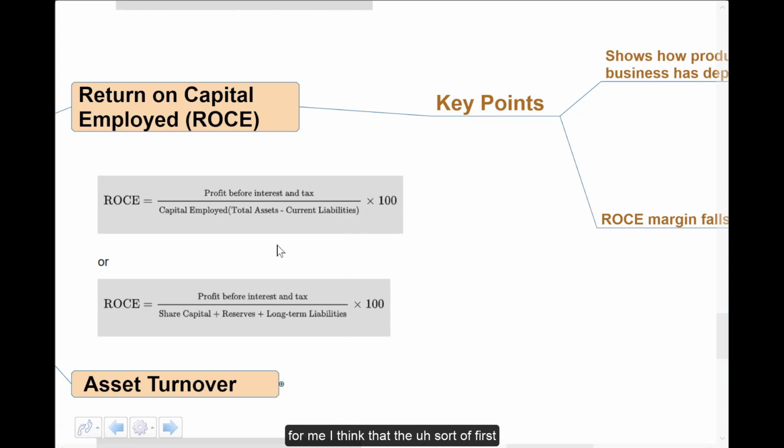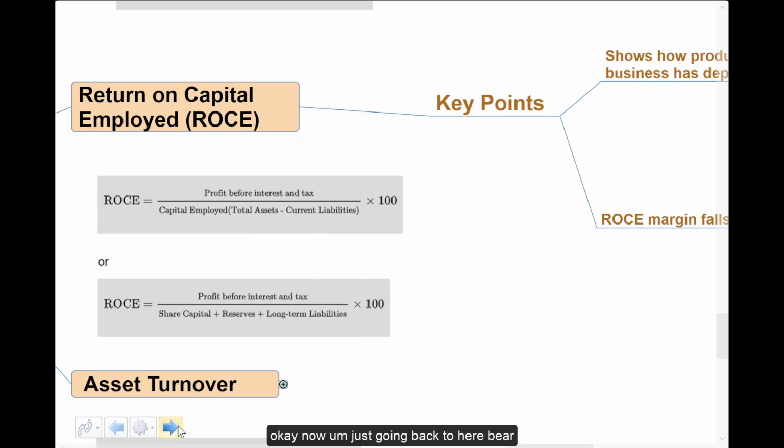For me, I think that the sort of first area, i.e. the first option, is probably the easiest one, where we say that really we're talking about capital employed being total assets less current liabilities. I think that's the easiest one to calculate, but it's up to you. We can do it one of either of these ways.